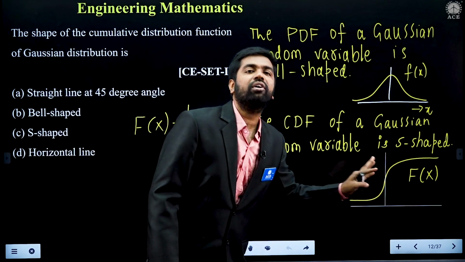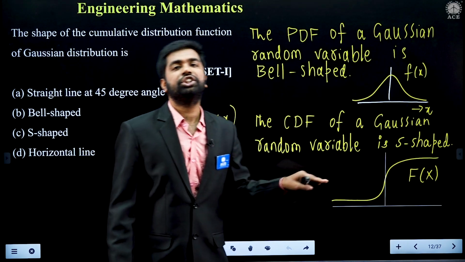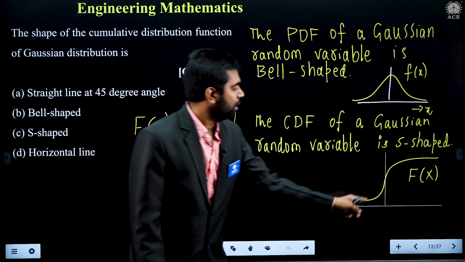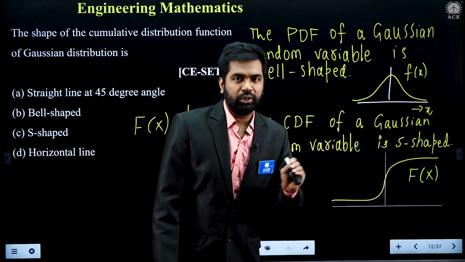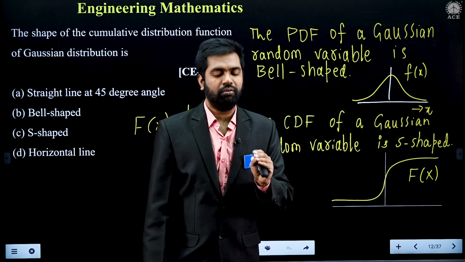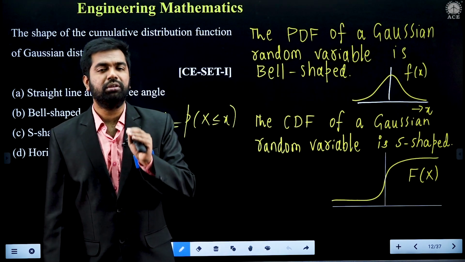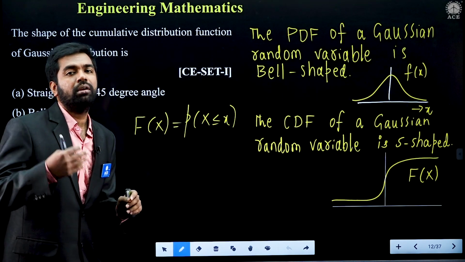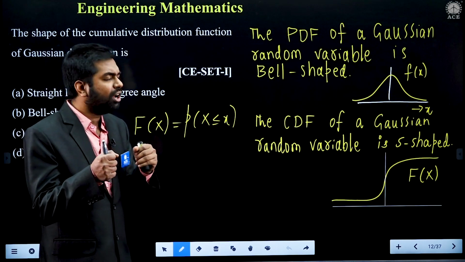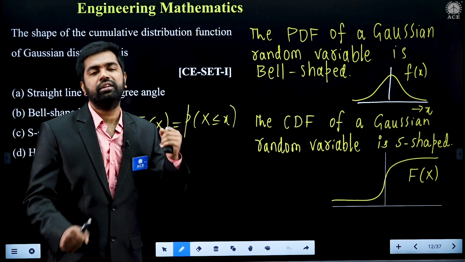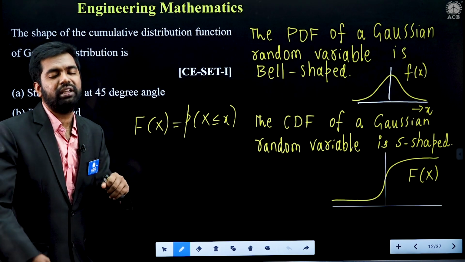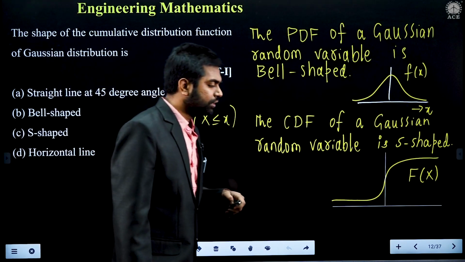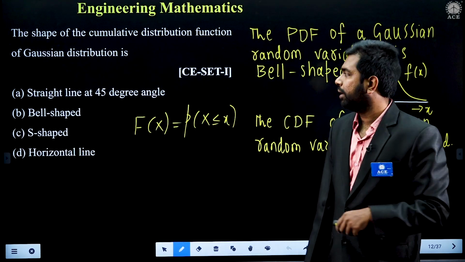So this capital F of x has got S shape, right? Most of the students, whenever Gaussian distribution comes, immediately this bell shape comes into their mind, right? So if you have got the basic idea, then you can answer this easily. Let's look at another question.